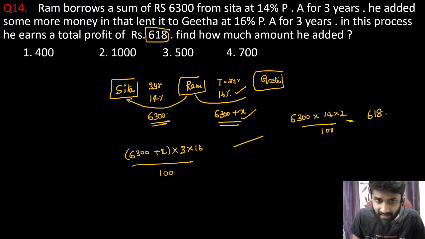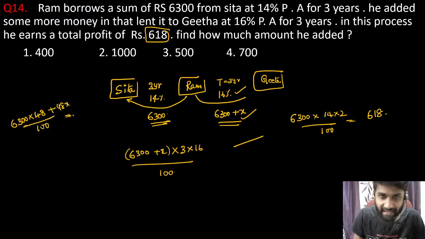If you go through the entire calculation, (6,300 into 48 plus 48X) divided by 100, exactly minus, again 6,300 into 14 threes are 42, clear? 42 divided by 100 is exactly equal to 618.